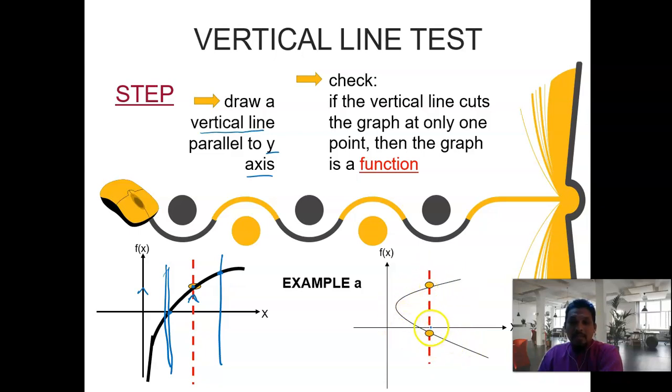So just imagine that at one value of x, there are two values of y, which is y1 and y2. Then the graph is not a function. Okay, this graph is a function, and this is not a function.